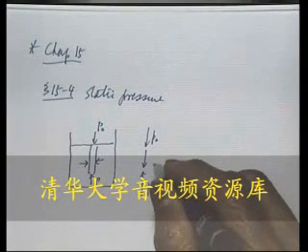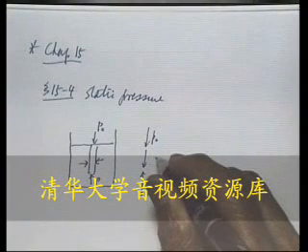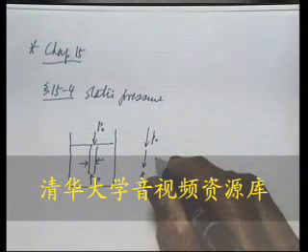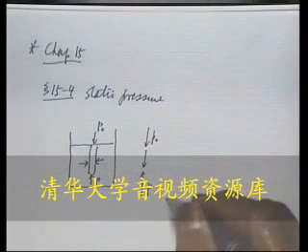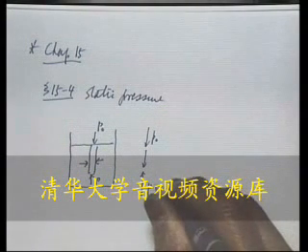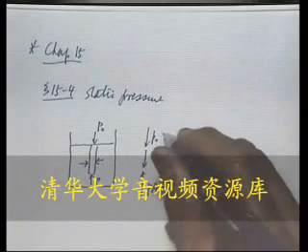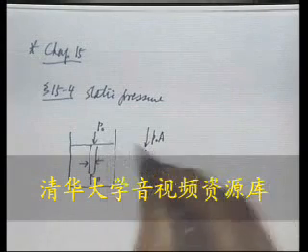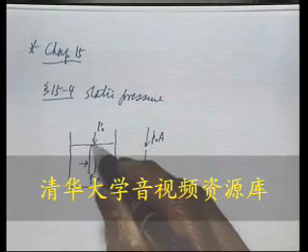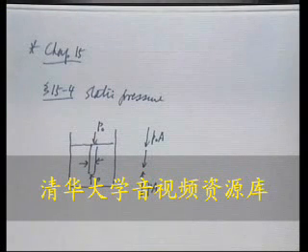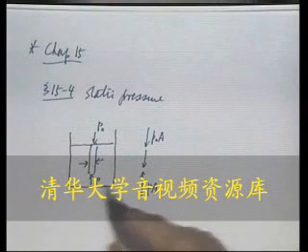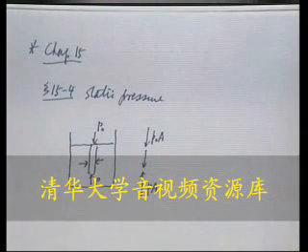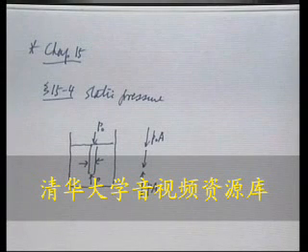So if the area is a unit area, or let's say that the area is A, P0A is the total force exerted on the top surface. PA is the total force exerted on the bottom surface.